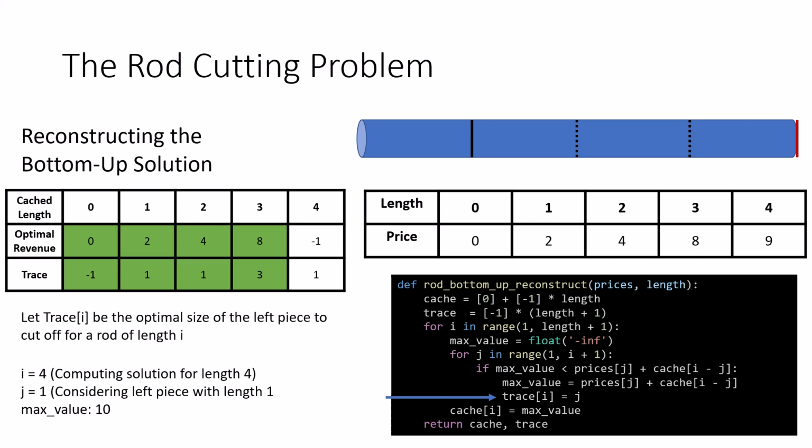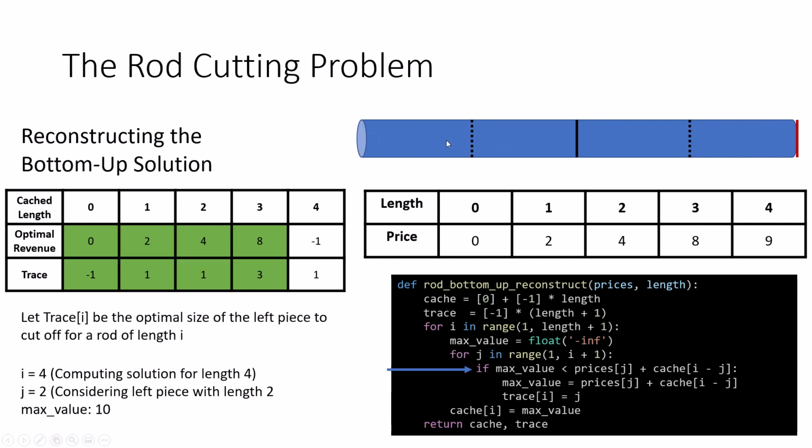So we update accordingly. We're going to get our max value of 10, right? Because we have 2. So this guy is 2 plus the optimal length of the 3 length rod is 8. We get 10. We update the trace accordingly such that we're basically saying that if we want to find the solution for 4, we need to have a rod of length 1 here.